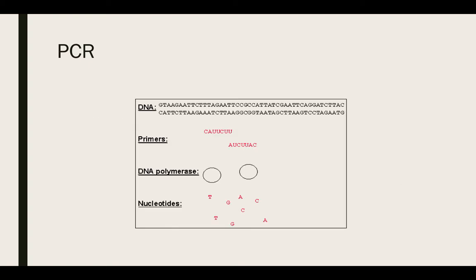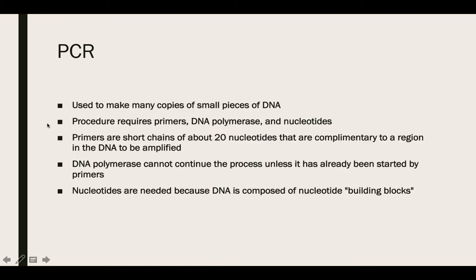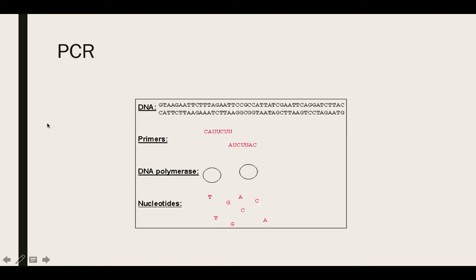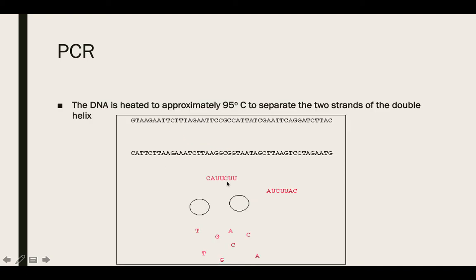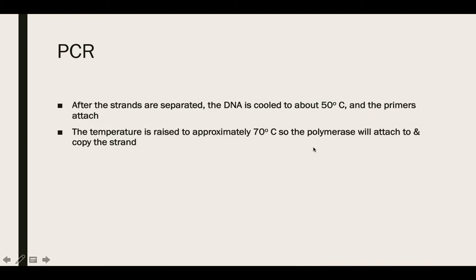So essentially what we have is our DNA in small pieces. Then we have our primers that begin. We have our enzyme DNA polymerase, and we have our nucleotides free out here, and we can put all of these back together. So you heat the DNA to separate the DNA strands. Then after the strands have been separated, the DNA is cooled down to about 50 degrees so the primers can attach.